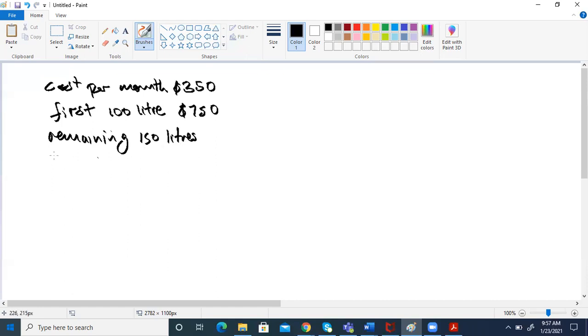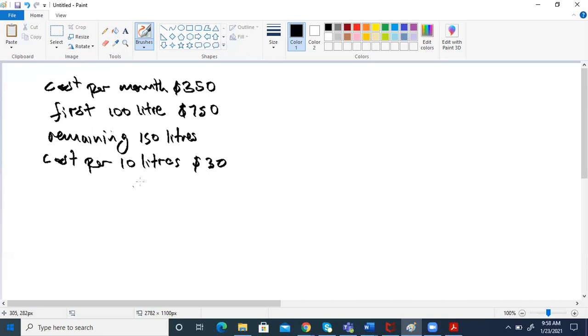I divided the remaining by 10 liters because remember, it says that $30 is for each additional 10 liters. So let me put cost per 10 liters is $30.